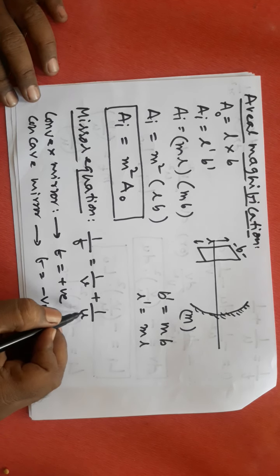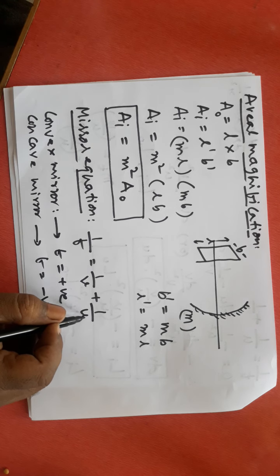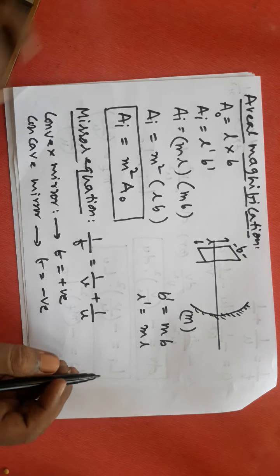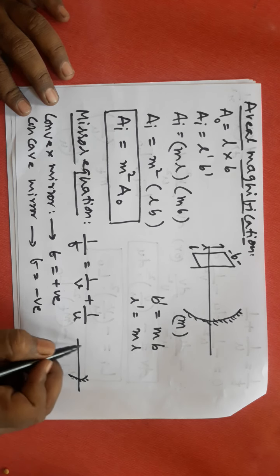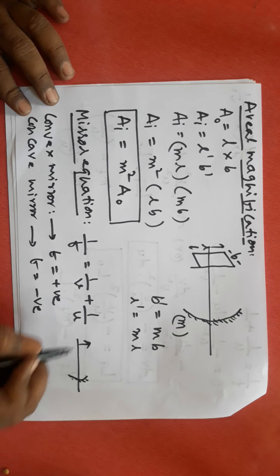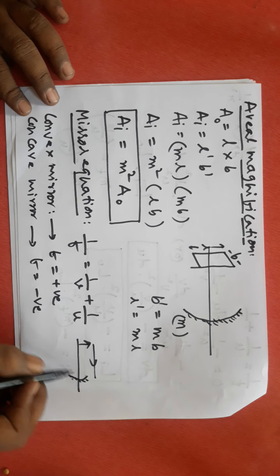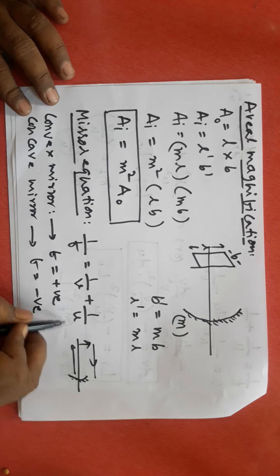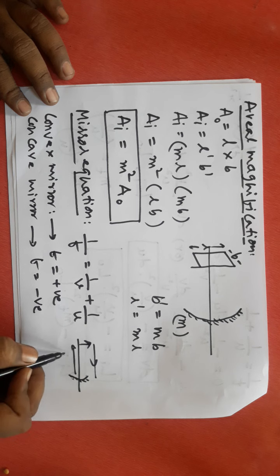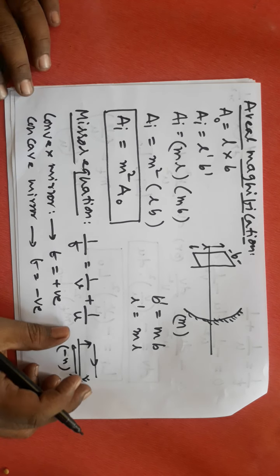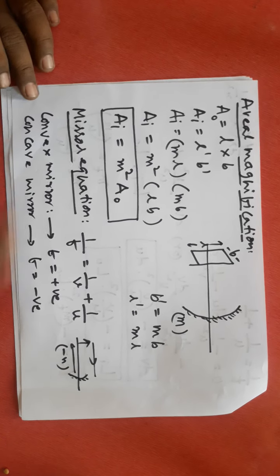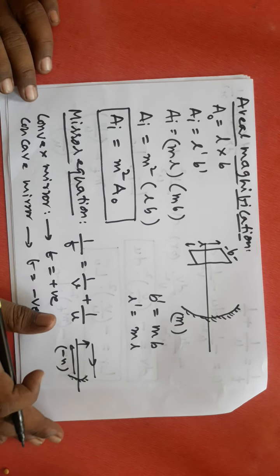What sign should you use for u? If an object is placed in front of a concave mirror, this is the direction of light. Against the direction of light, we measure the distance from the pole. This will be minus u. Depending on the object position given in the question, you should fix the sign for u.